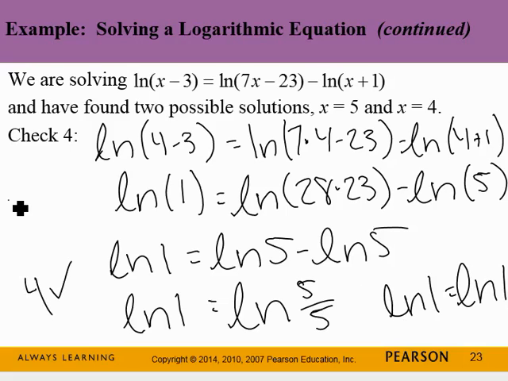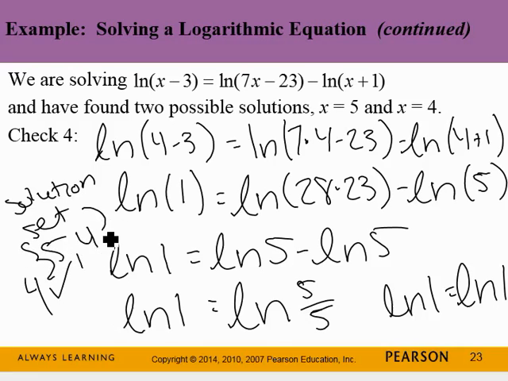So 4 checks out. So your solution set is 5 and 4. Make sure you check. Sometimes it does work. In this case it worked, but in the last one before this it didn't work.